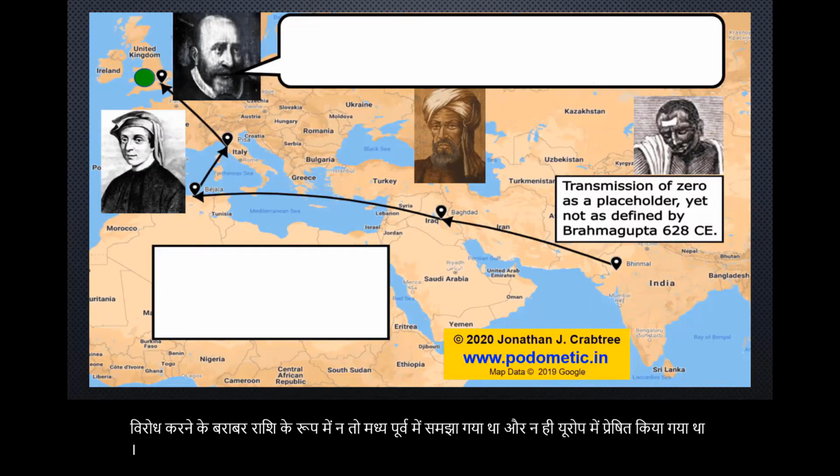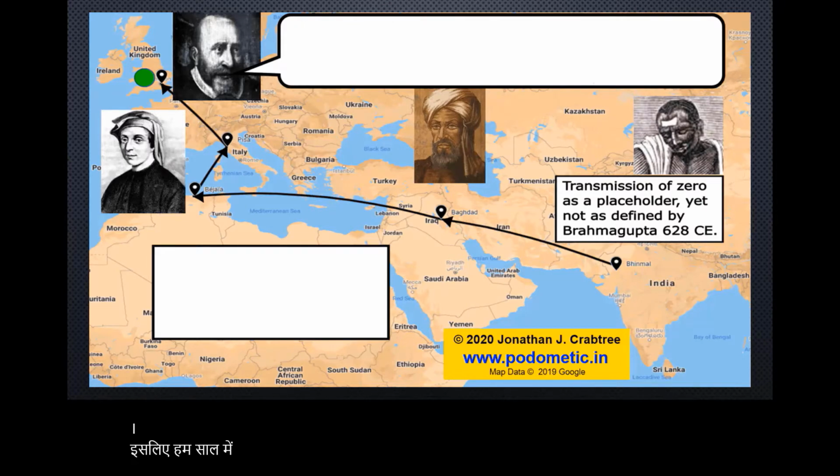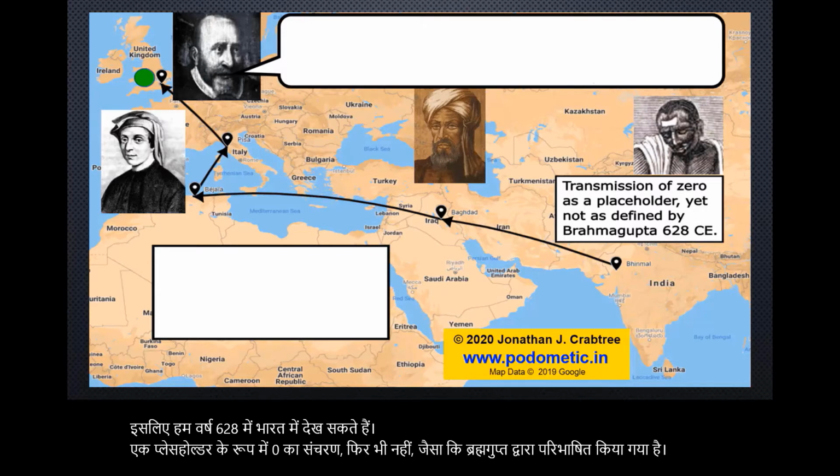So we can see in India in the year 628 the transmission of 0 as a placeholder, yet not as defined by Brahmagupta in the year 628, began.